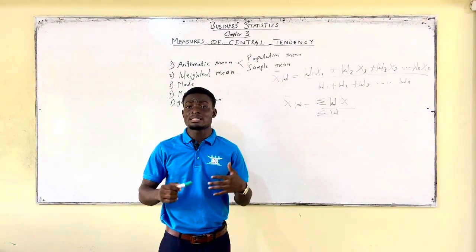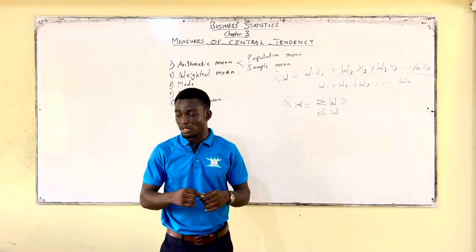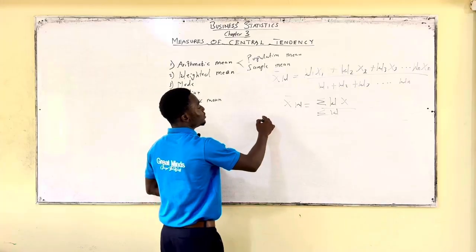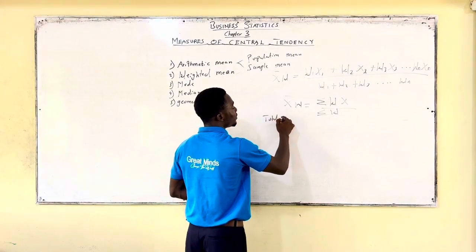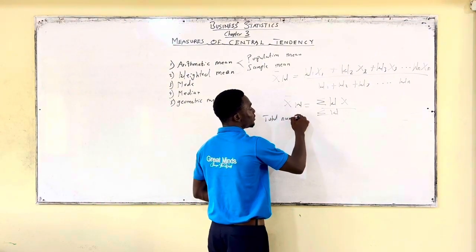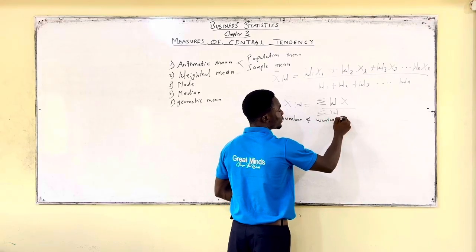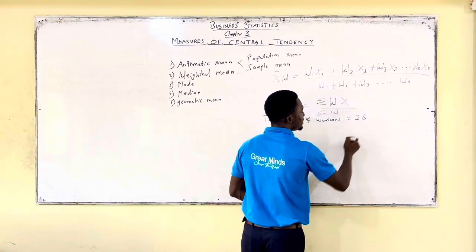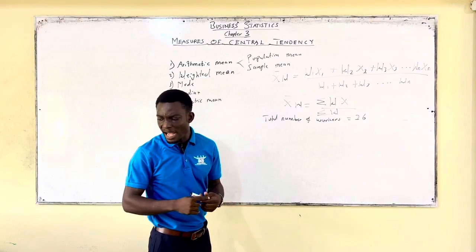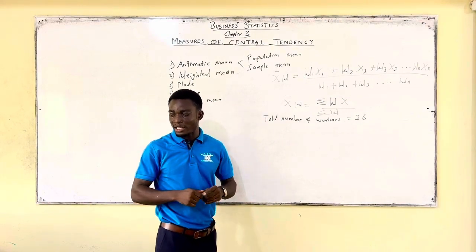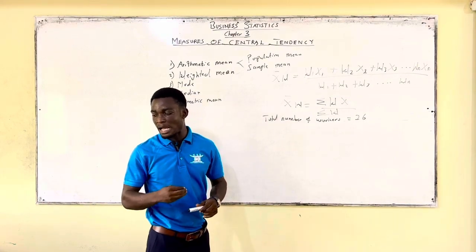So there are 26 hourly employees, right? So the total number of workers is equal to 26. And then out of the 26 hourly employees, 14 are paid what?